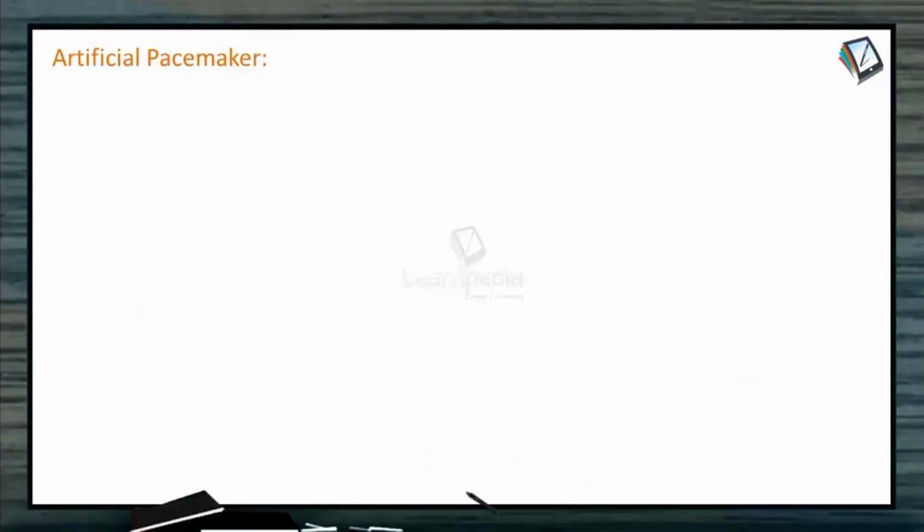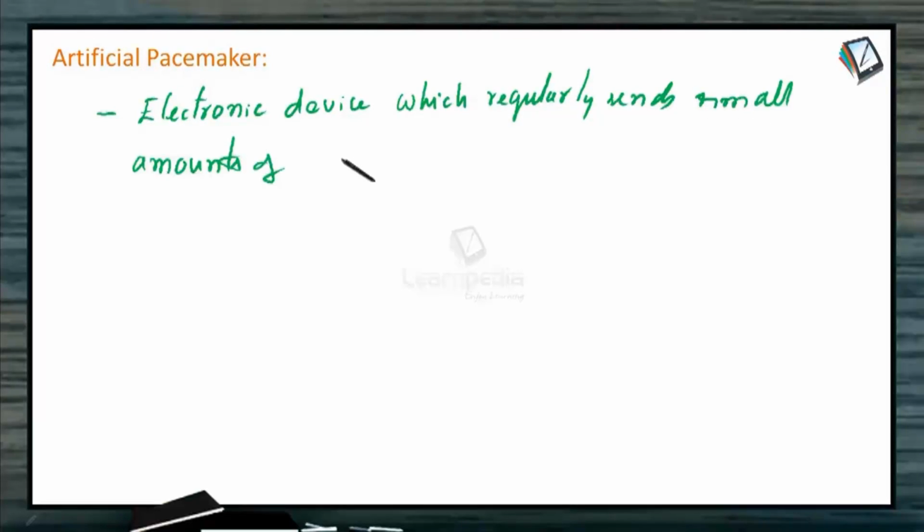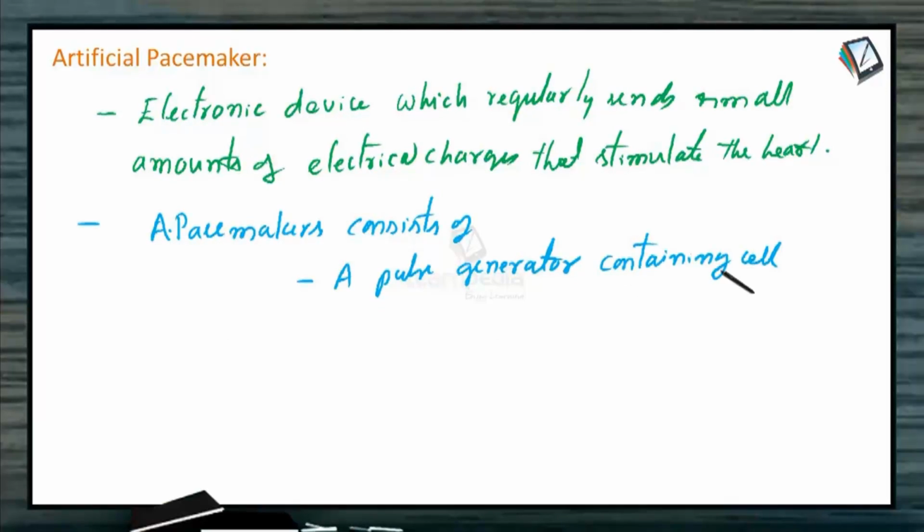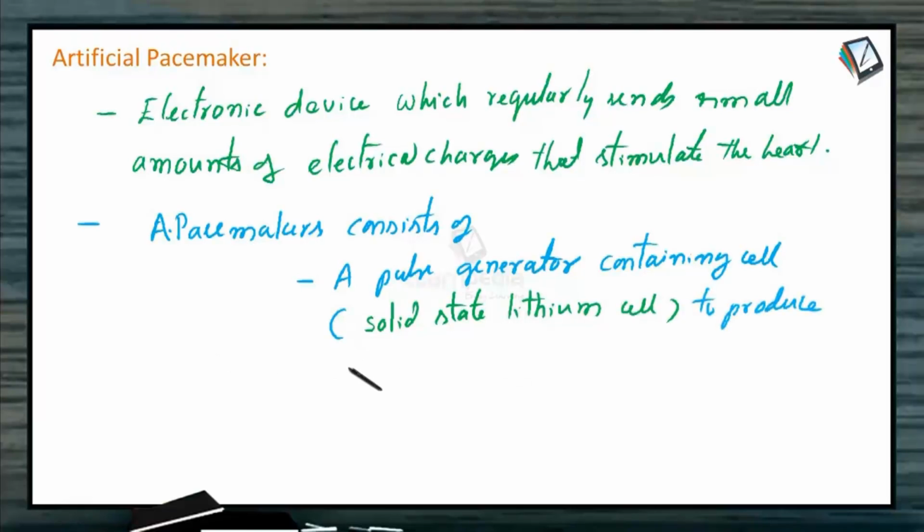Now we'll look at the artificial pacemaker. It is an electronic device which regularly sends small amounts of electrical charges that stimulate the heart. The artificial pacemaker consists of a pulse generator containing a cell, that is a solid state lithium cell, to produce electrical impulses.